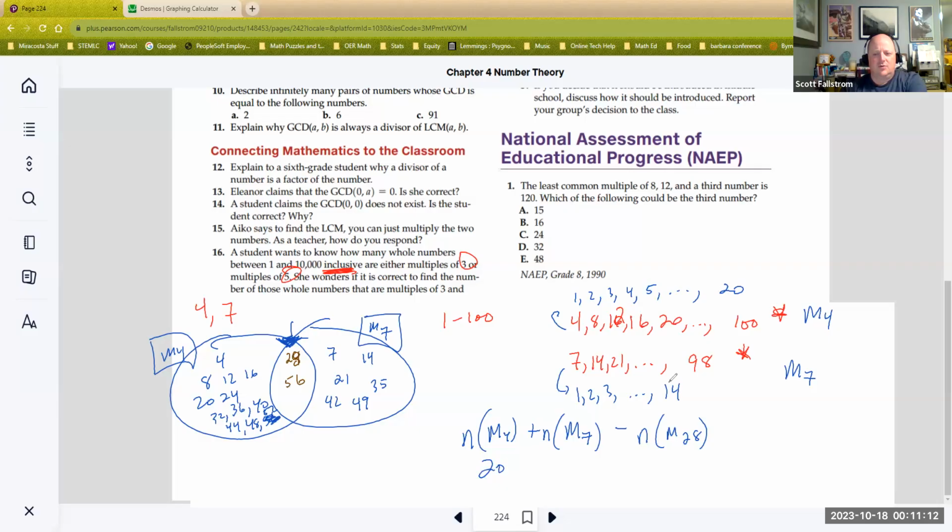So there's 20 multiples of 4 out to 100, plus the multiples of 7, which would be 14. Then I have to see how many of these are doubled up because they're counted twice. I have 28, 56, and the next one would be 84, adding another 28.